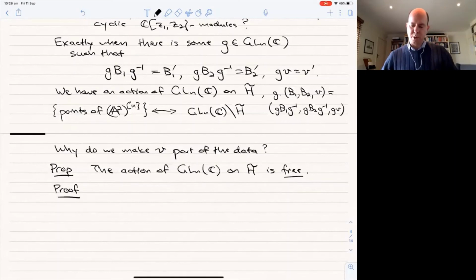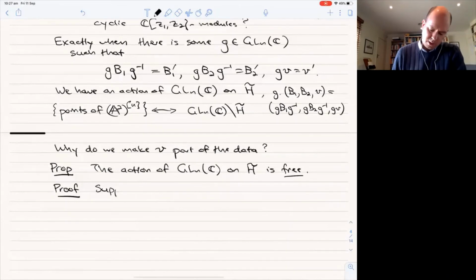Free means that no non-identity element of the group fixes anything. So suppose that you have an element of H tilde which is fixed by some element g of the group.